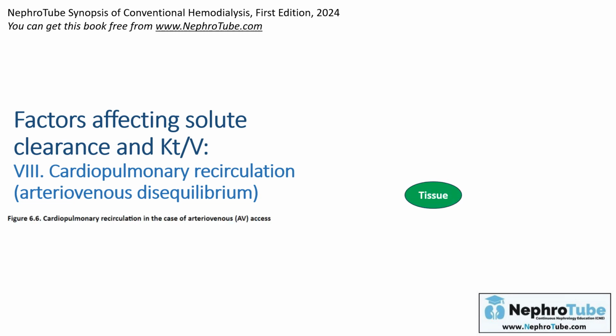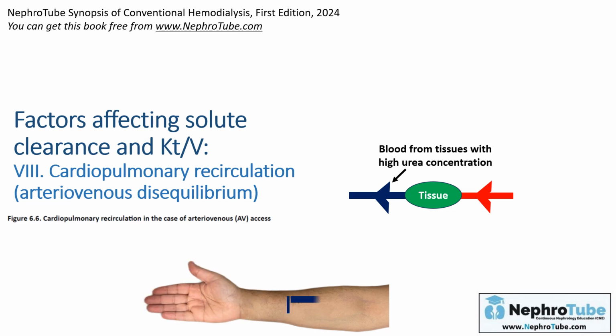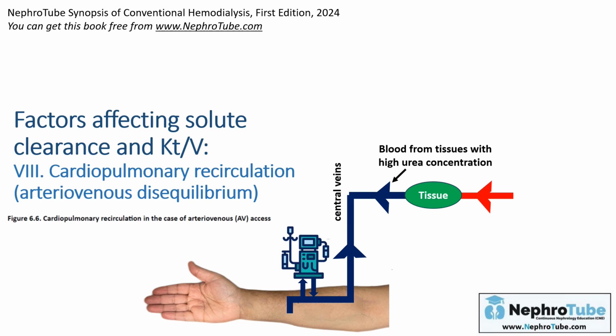Let's say this is the tissue, and this is the arterial blood going through the tissue, and this is the blood coming out from the tissue in the peripheral veins, and it contains a high urea concentration. This is the access arm, this is the arteriovenous fistula, and here is the connection with the hemodialysis machine. The blood coming from the hemodialysis access is dialyzed blood with a very low urea concentration.